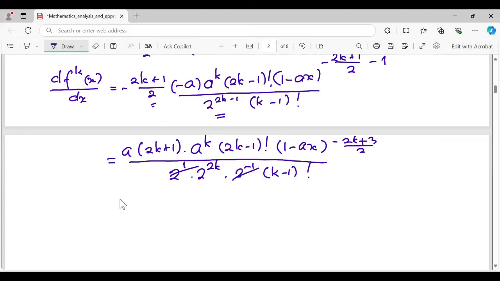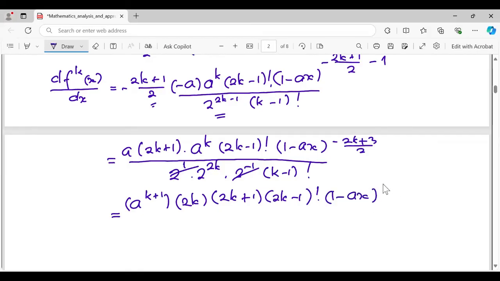It becomes a power k plus 1 times 2k plus 1 times 2k minus 1 factorials, then times 1 minus ax power minus 2k plus 3 over 2.